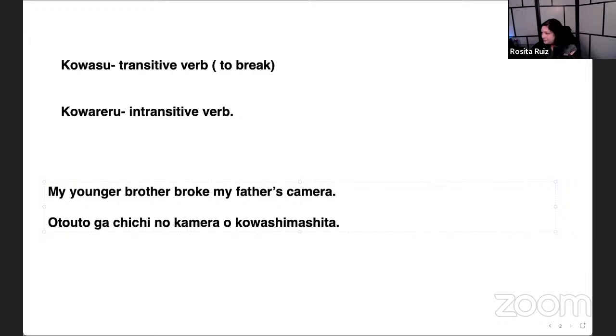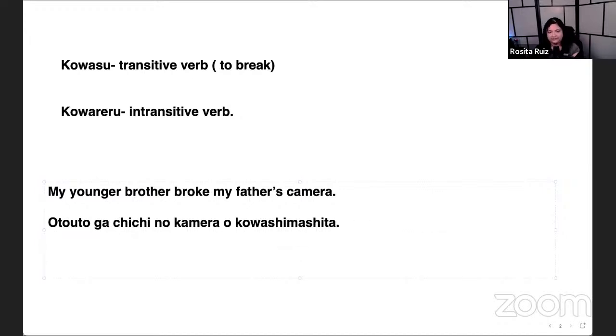Now, but if the object is marked by the particle ga, then we are going to use the intransitive form.